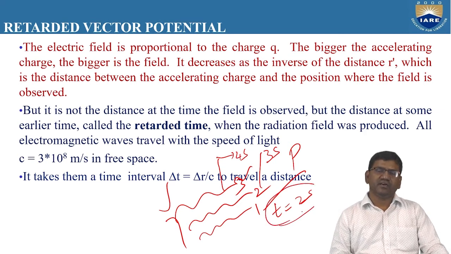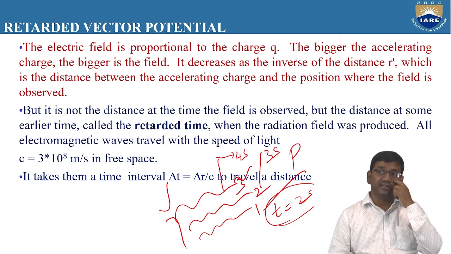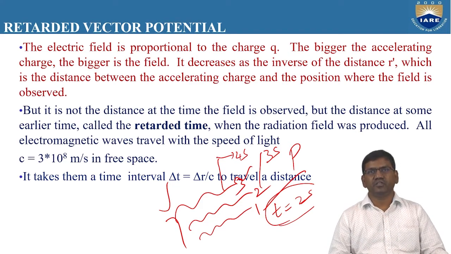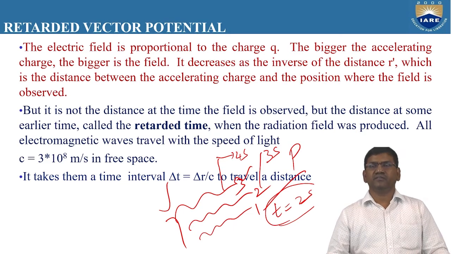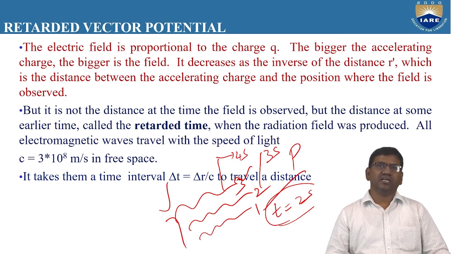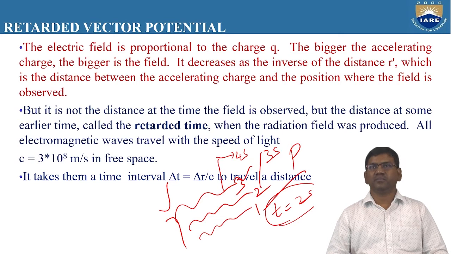We need to consider all the electromagnetic waves traveling to the distant point p at all the time intervals. Even if some electromagnetic waves reach the distant point p with some delay, that delay must also be considered in calculating the electric and magnetic potentials.